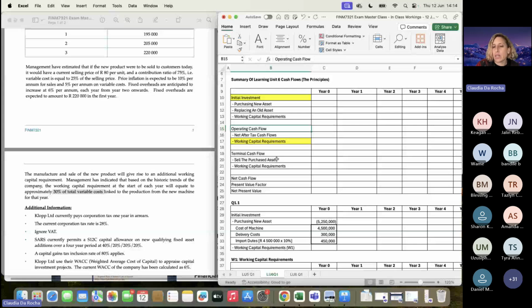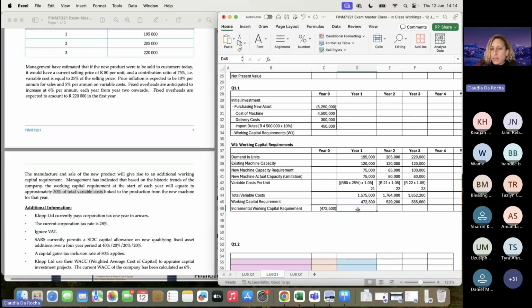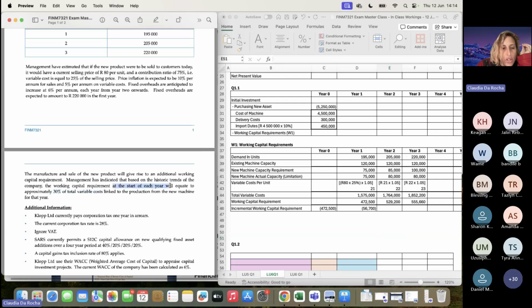So how would we do the incremental? We know that from year 1 to year 2, we need to invest the difference between the two. So it's literally the difference between year 1 and year 2's. The reason we're putting it in year 1 is because it's said to us at the start of the year.